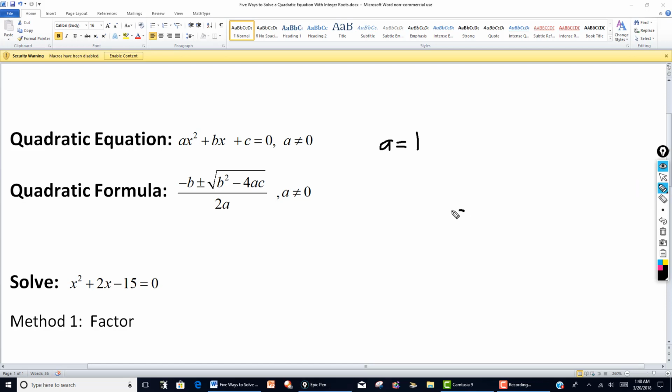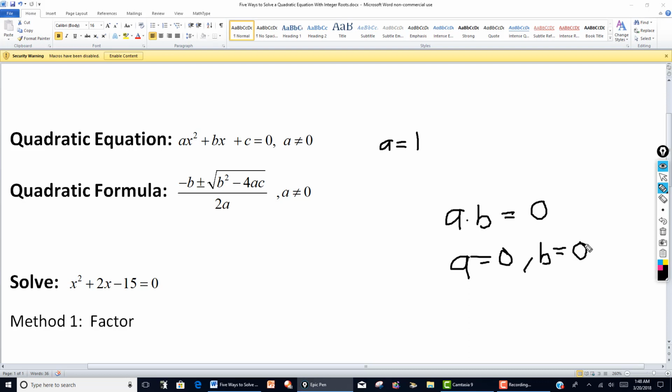So we're using the zero factor theorem that states that if you multiply 2 numbers or more numbers, let's say for example a times b is equal to 0, then the assumption here is that either a can be 0, b could be 0, or they could both be 0.